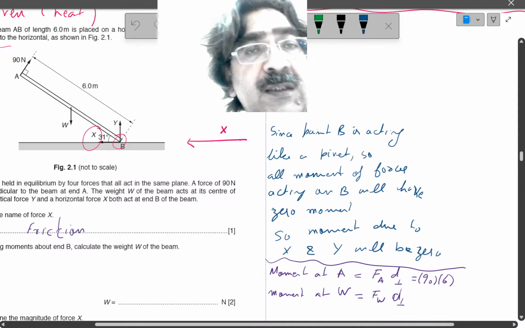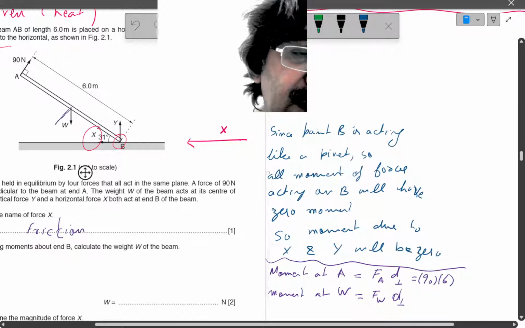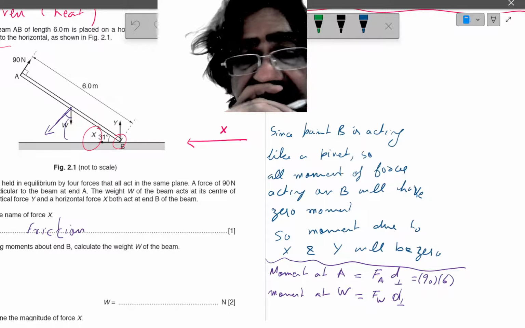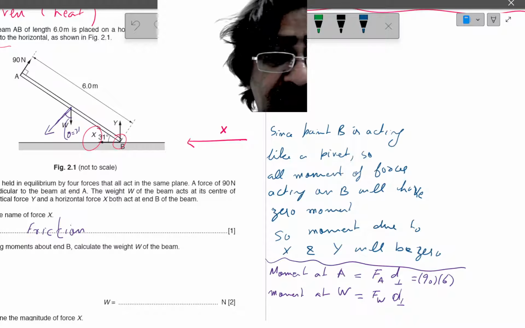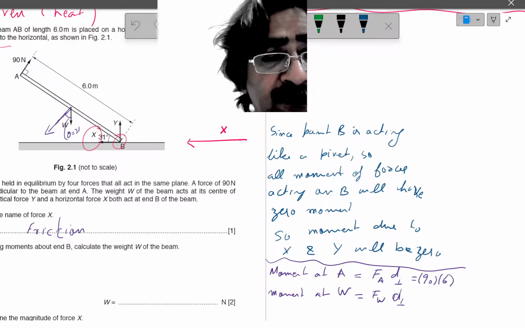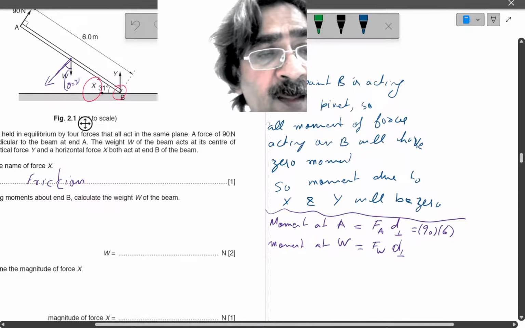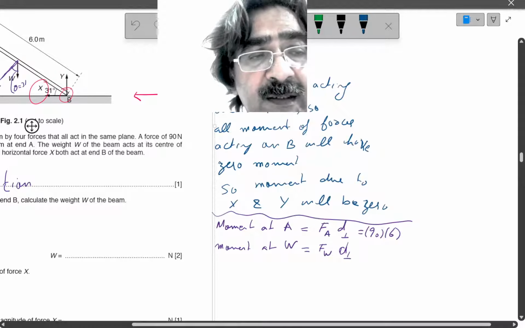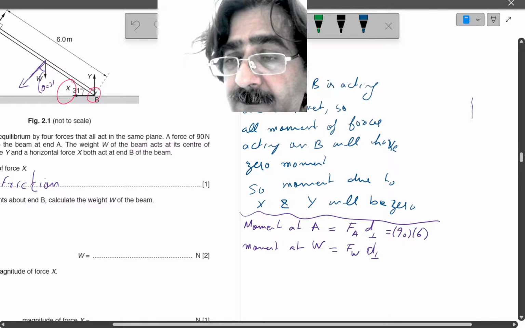Okay, so for this we have to find the perpendicular part of this W. If this is theta, this theta will be 31.